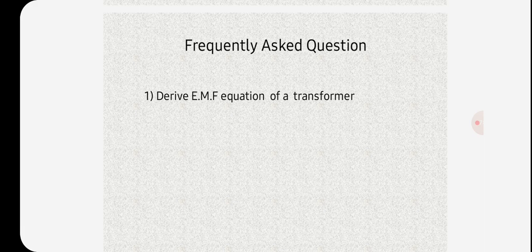In the next class we will discuss special purpose transformers, that are auto transformers, welding transformers, and booster transformers. The auto transformer has a single winding, and there are different types of auto transformer.